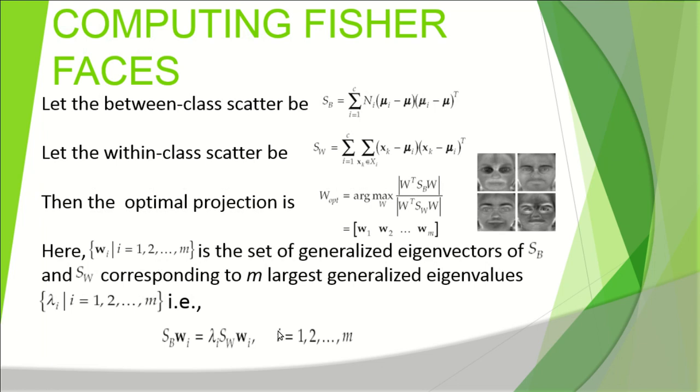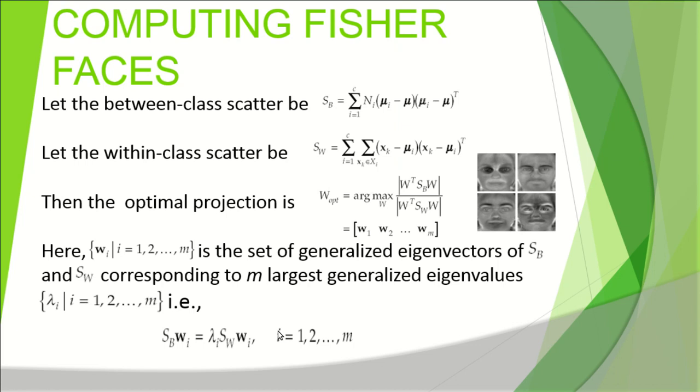Now, how do we calculate Fisher faces mathematically? To do that, let us consider there is a set of images, lowercase x1, lowercase x2, and so on, lowercase xn, forming an n-dimensional image space. And let these images belong to classes uppercase X1, uppercase X2, and so on, uppercase Xc, where c is the number of classes, and each image belongs to any one of the classes.